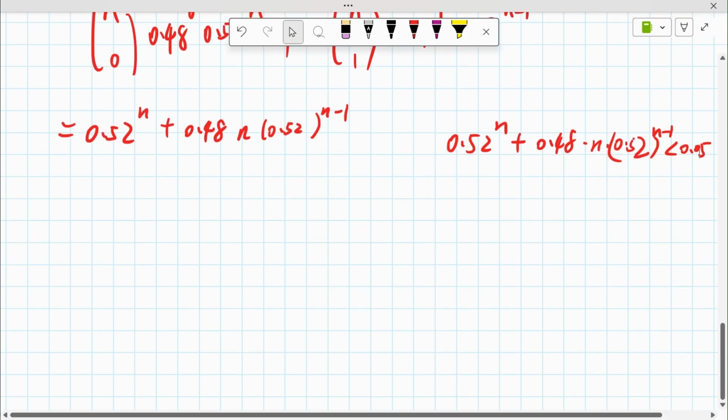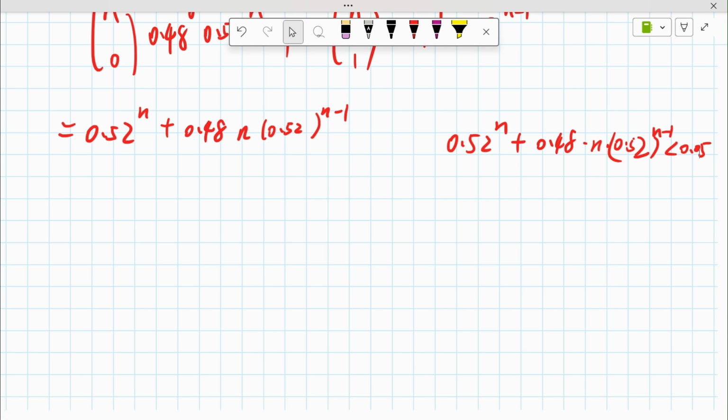We're gonna use the CAS calculator to find out when it's equal to 0.05, and you can say n is approximately equal to 7.798.